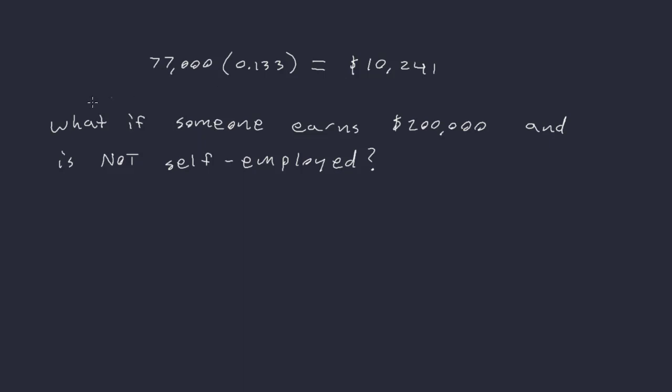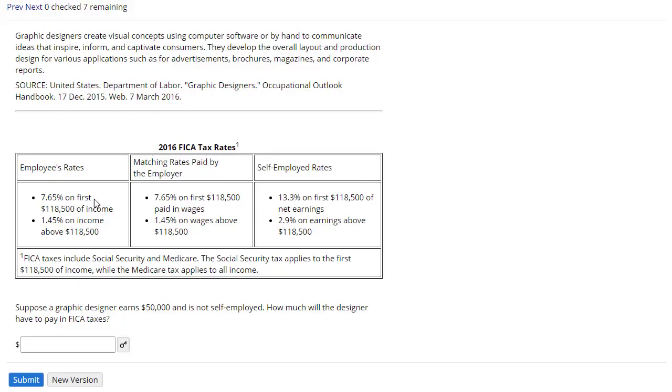Okay, let's do a similar problem here. What if someone earns $200,000 per year and is not self-employed? If we go back to the table here, here's our employee rates, and it will be 7.65% on the first $118,500 of income, and then 1.45% on income above that.